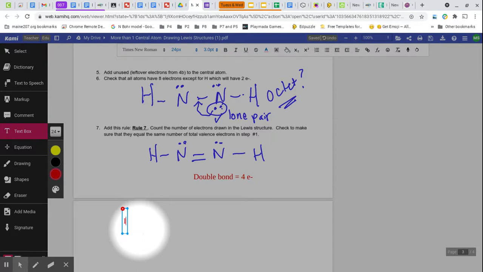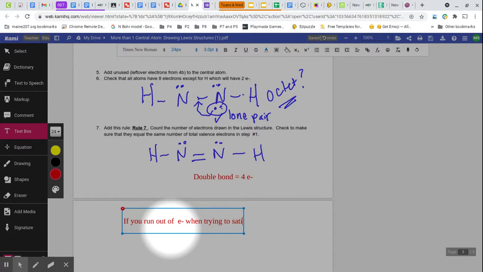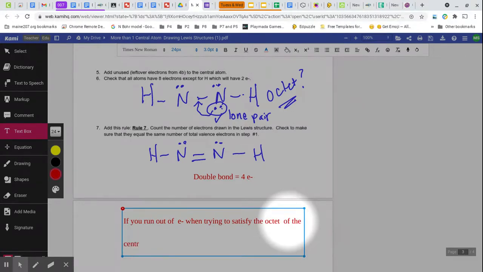If you run out of electrons when trying to satisfy the octet of the central atoms, create multiple bonds, we'll call them, because sometimes you could even have a triple bond. So here we're going to say double bond in our case.